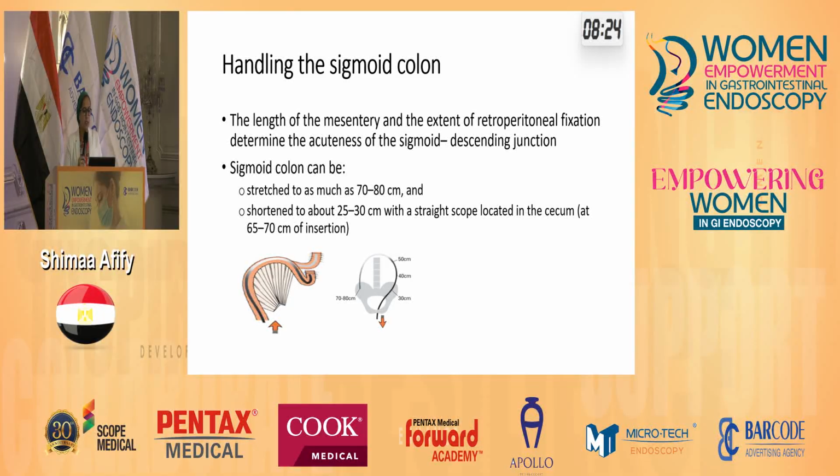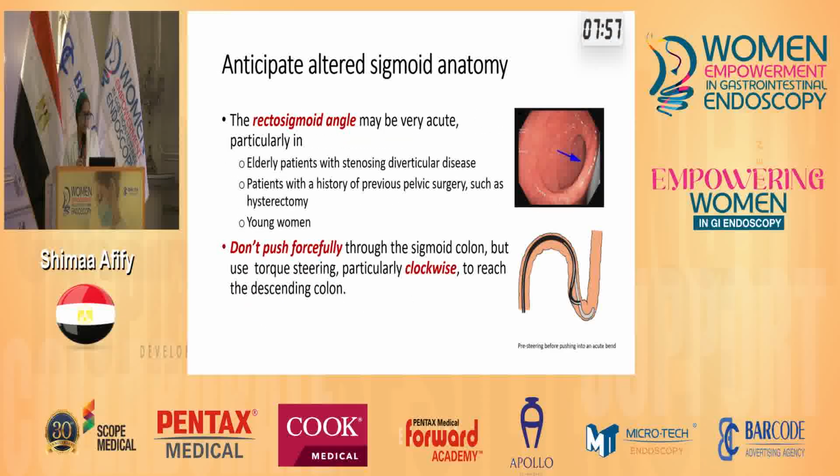The length of the mesentery and extent of retroperitoneal fixation determine the acuteness of the sigmoid and descending junction. The sigmoid colon can be stretched as much as 80 centimeters, and it can also be shortened to 25-30 centimeters. So if you straighten the scope, you will shorten the loop, and then you can advance with one-to-one movement freely.